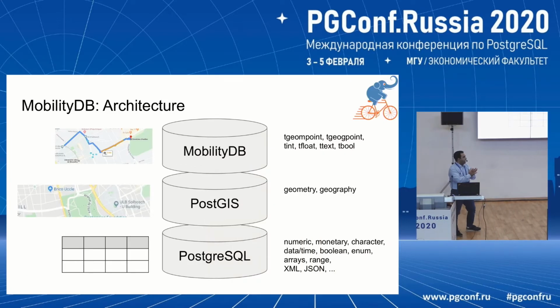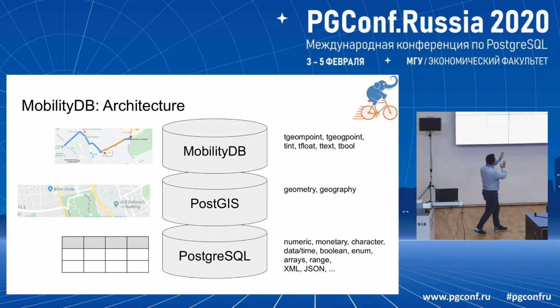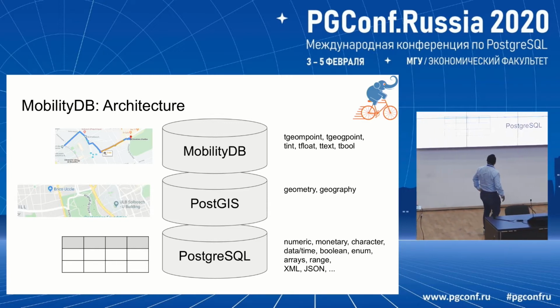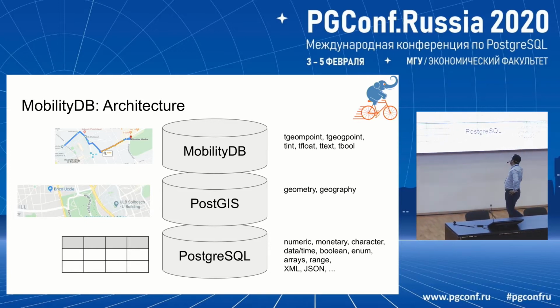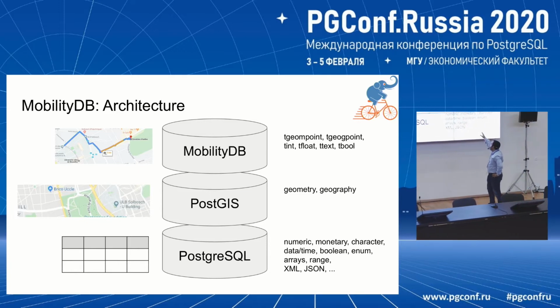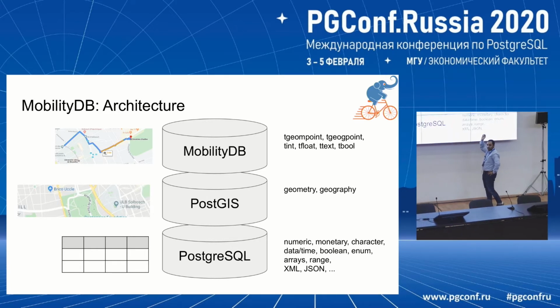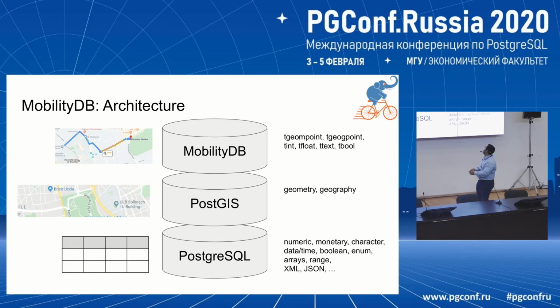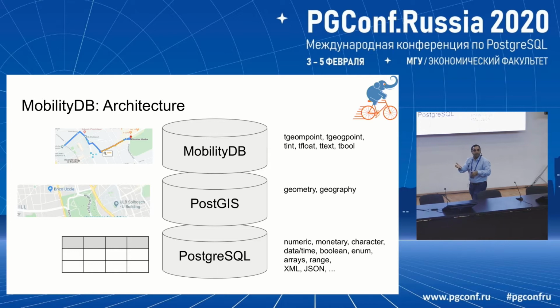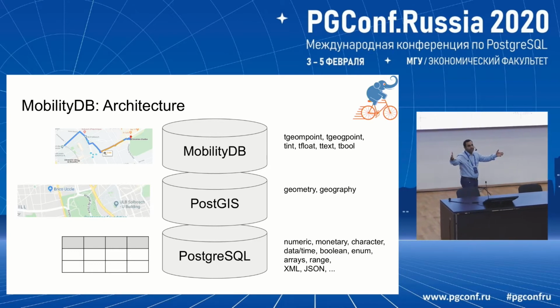So what is it all about? MobilityDB has this stack of tools. Looking at the database, PostgreSQL supports relational types, numbers, characters, and so on, and some advanced types, XML and JSON. On top of PostgreSQL, you have PostGIS that provides geometry and geography abstractions so that you can do maps.